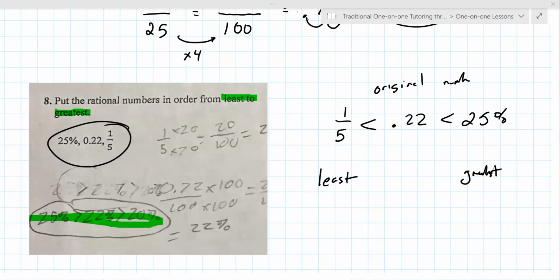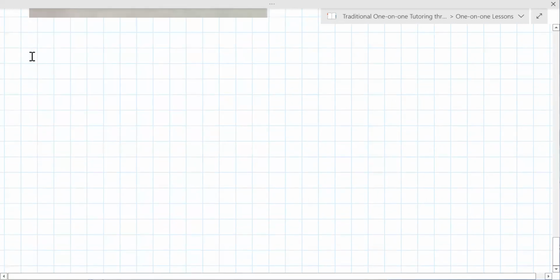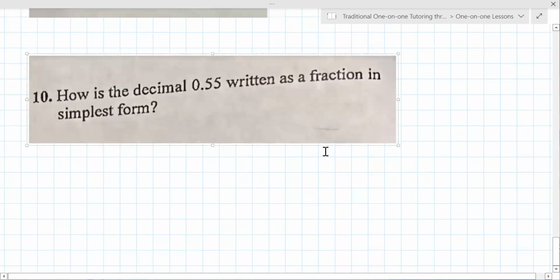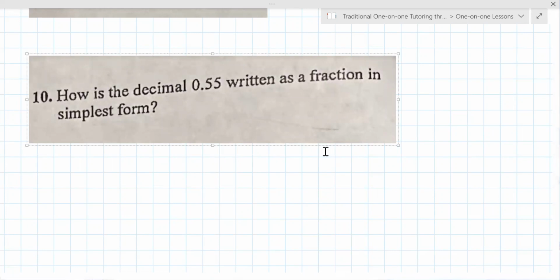All right, so let's go to number 10, like you said. Number 9 is fine. Looks really good. Let's look at number 10. Okay, it says, how is the decimal 0.55 written as a fraction in simplest form? 55 over 100.